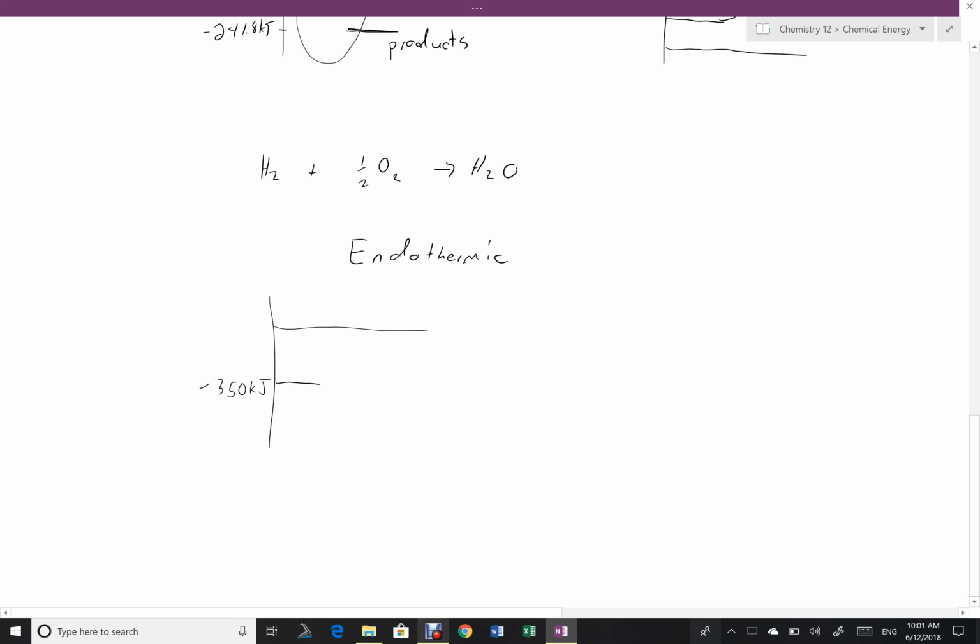And in our endothermic reaction, it's going to come up here to some value, negative 330, that is above, but still not up to the 0 level. This is, of course, our chemical potential energy. Here we can see our positive change at delta H of 20 kilojoules.